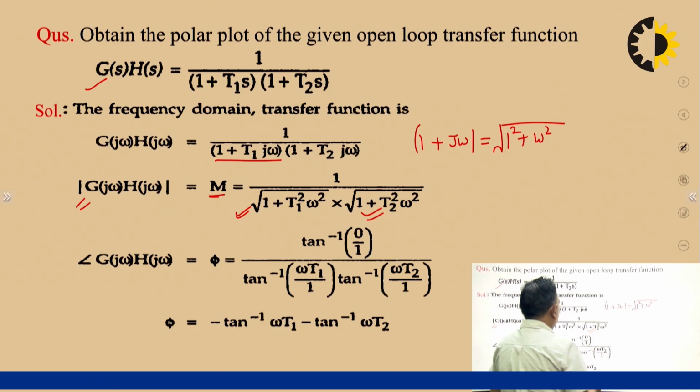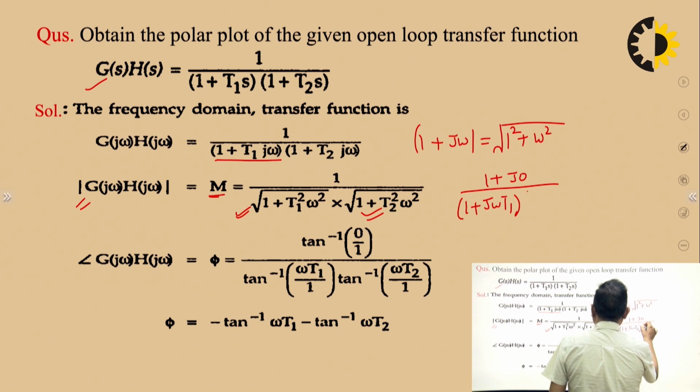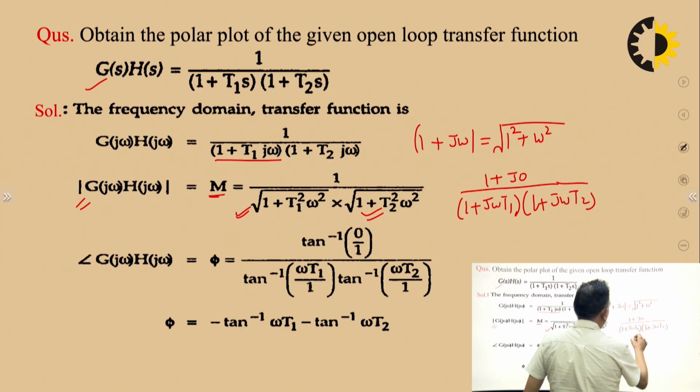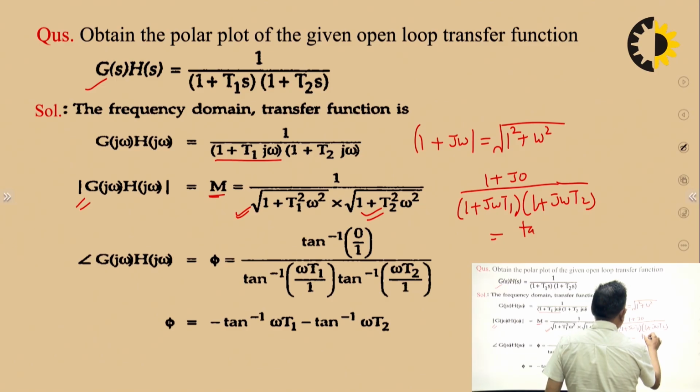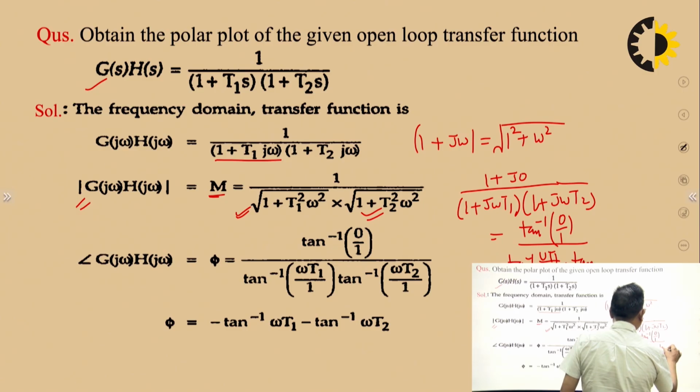So the angle of the real part, you can write it like 1 plus j0 upon (1 plus jωT1) into (1 plus jωT2). The angle of this will become tan inverse of imaginary part upon real part, so tan inverse ωT1 upon 1, and tan inverse ωT2 upon 1.